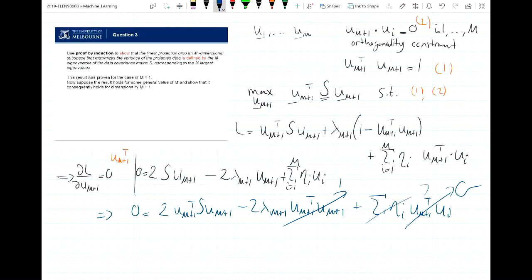And I get S um plus 1 equals lambda m plus 1 um plus 1.